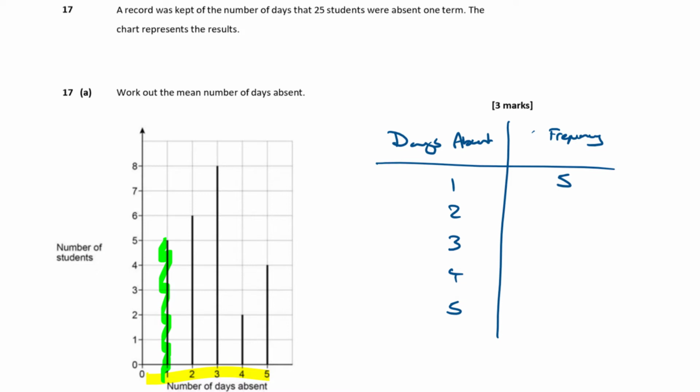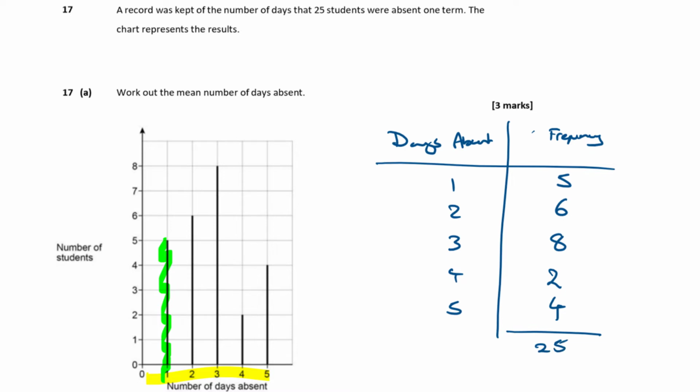For 2 days absence, that's 6 students. 3 days absent was 8. 4 days absent was 2, and 5 days absent was 4. Let's just double check that adds up to 25. 5, 6 is 11, and 8 is 19, 21, 25. Yes, indeed, it does add up to 25.